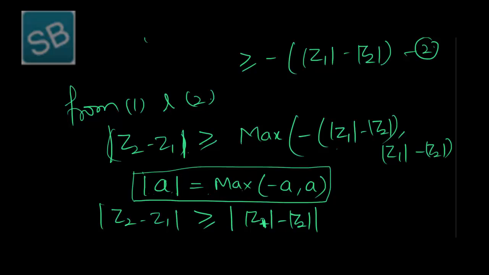So we can say that this quantity is greater than these two quantities, it is the maximum of these two quantities. So we can replace this maximum of these two quantities by |A|, by the definition of modulus of a real number. So do these two properties very carefully. These are very important properties of modulus.